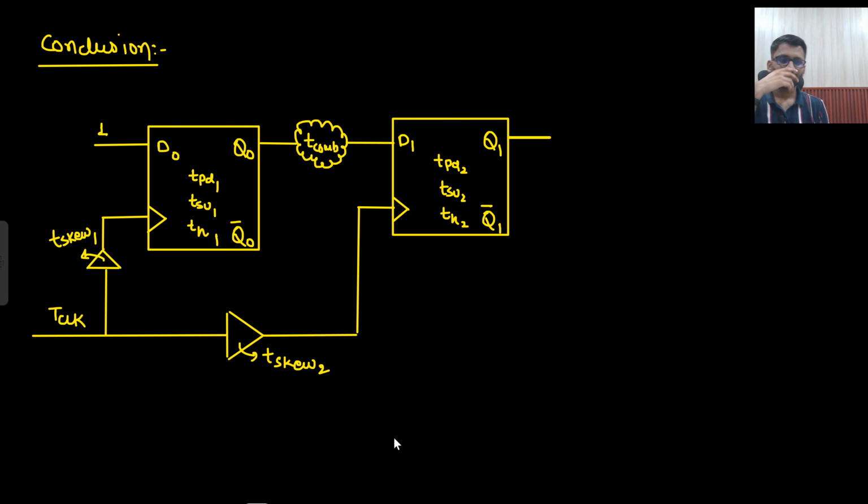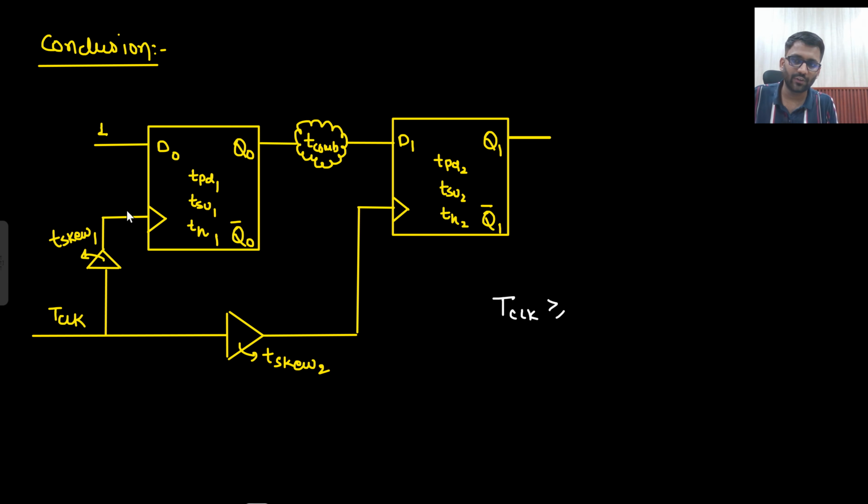What is the conclusion now? What did I tell you? Here the input is fixed, no need to worry about that. The input is changing here, so worry about this. So I will see when it reaches here. For that, what am I going to write? My T clock should be greater than the delay it needs to go through.